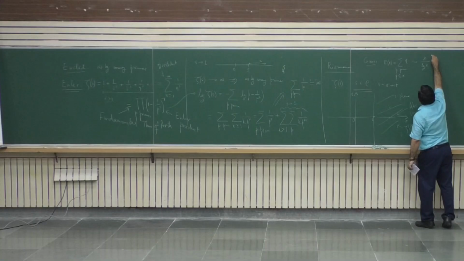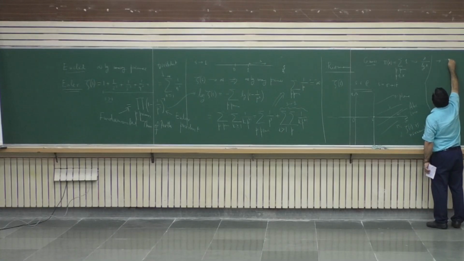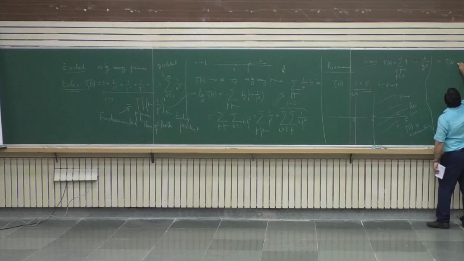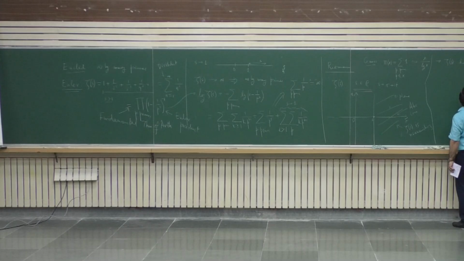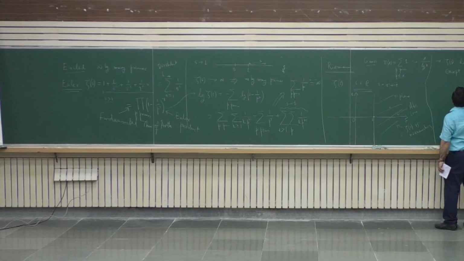What Riemann was able to prove is one thing. He showed that zeta has analytic continuation to all of C except a simple pole at s equals 1.